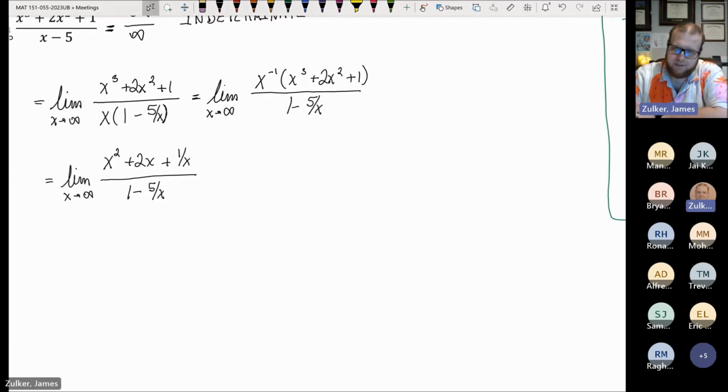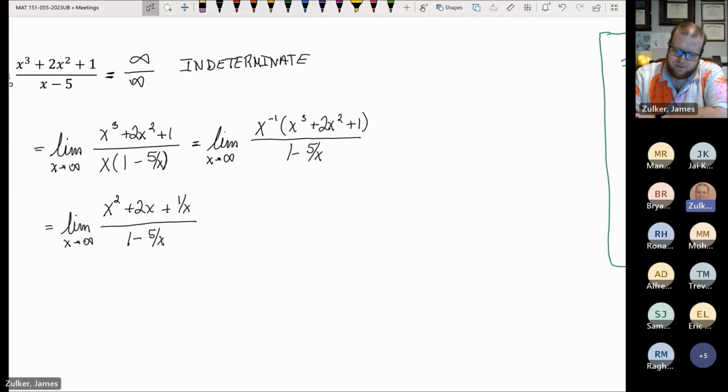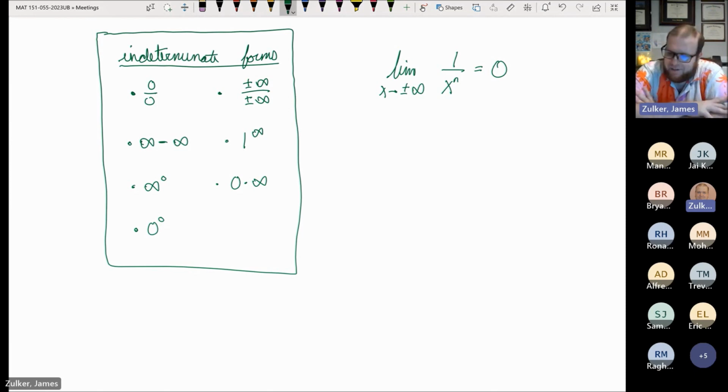So, 2 important limits. But I can really write this as a single limit. You have 1 over x to the n.